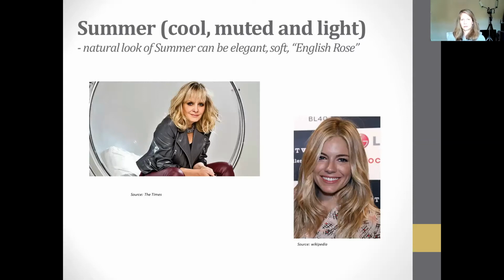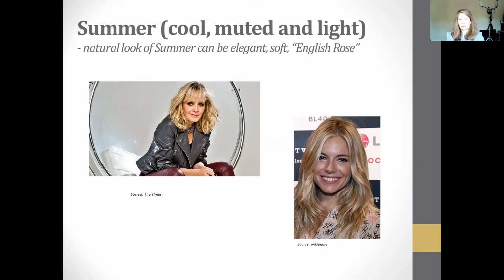For summers, so cool, muted and light, there is a natural look of summer, can be elegant, soft, and it's your typical English rose. When someone refers to an English rose look, in the majority, they would tend to be a summer season of colours. And as you can see here, we've got people like Twiggy, and also Sienna Miller, so on the bottom right.